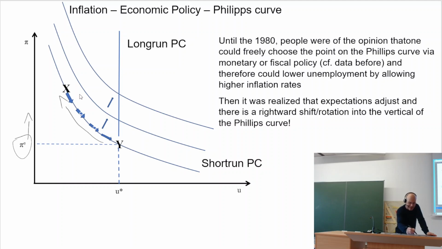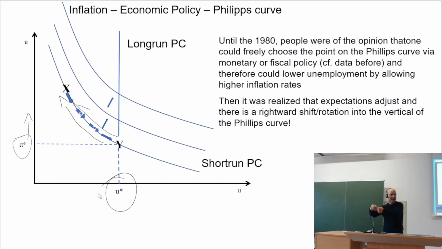And this then means that we are coming back to our so-called natural unemployment rate. And this natural unemployment rate, remember Okun's law, corresponds to the general framework of our economy: how well we are educated, how good our infrastructure is, how efficient our production is in general.